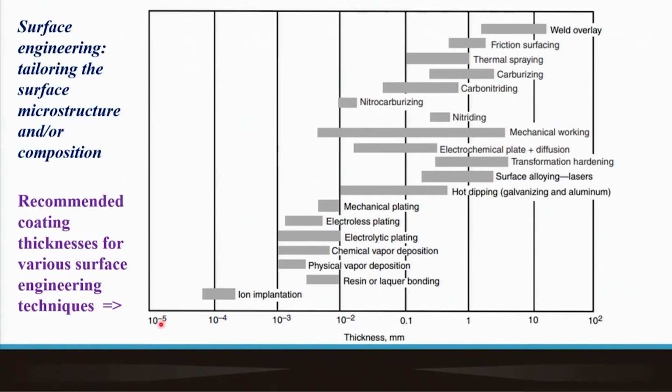So I'm talking about 10 raised to minus 5 of a millimeter, so 0.1 nanometer or 100 micrometer. It can be like 0.1 nanometer, and from that all the way to as thick as 100 millimeter.